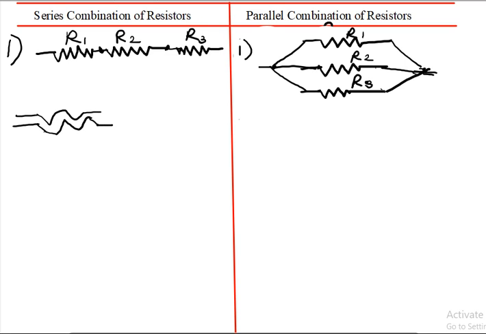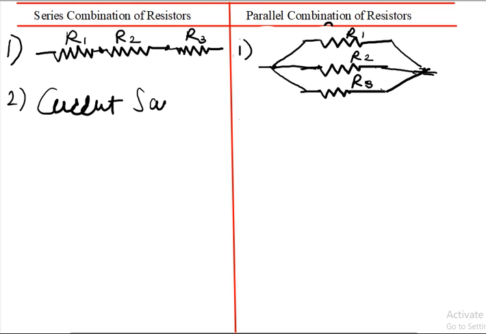So we can compare the series combination and parallel combination of resistors. Current in a series combination is the same, current I is the same in each resistor.